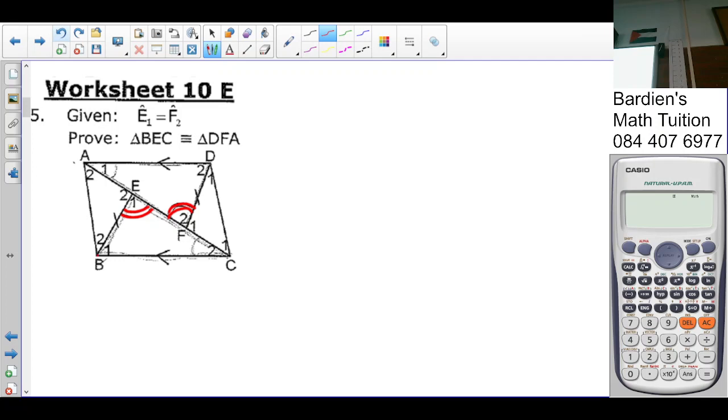That BE is parallel to FD, if needed. I'm sure you don't need it, but you can conclude that. Okay?